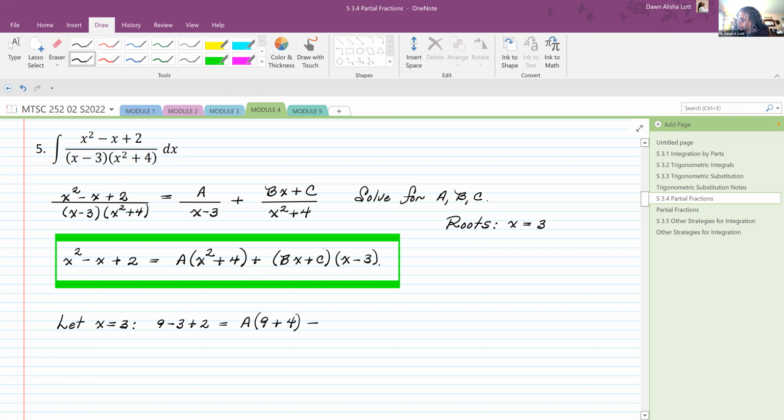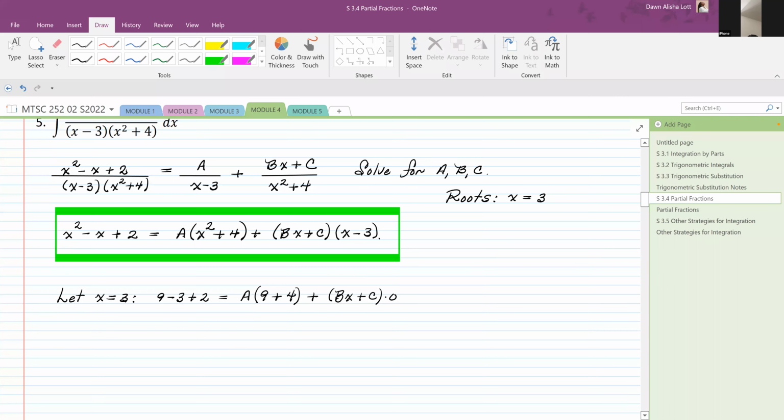And then I'm going to get Bx plus C, but that's times 0, so that's gone. Okay. So therefore, on this side, I'm going to get 8 is equal to 13A. A is going to equal 8 over 13. So we have our first variable.